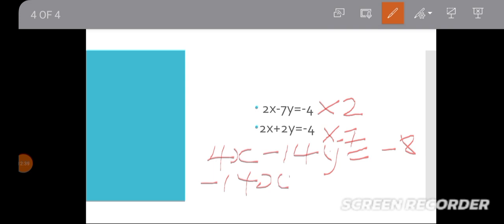Negative 14x, and negative 7 times 2y will give us a negative 14y, and negative 7 and a negative 4, right? 2 negatives will give us a positive, right?